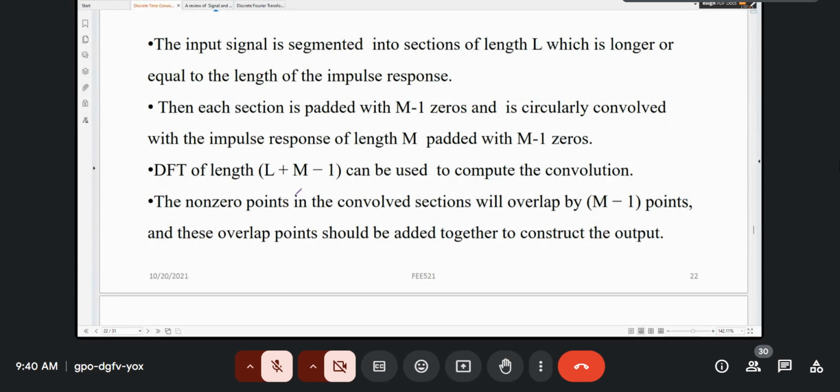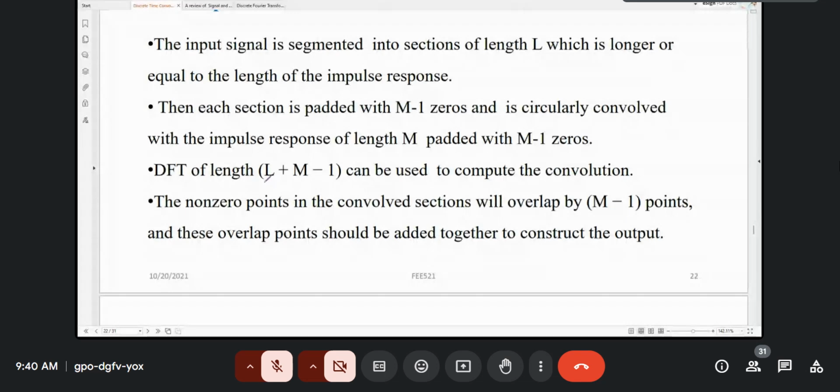Sometimes when you read this, it may not make sense to you. But when you actually do work with sequences, then it becomes clear. Then the DFT of L plus M minus 1 can be used to compute the convolution.